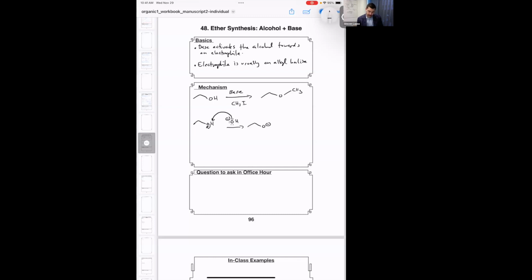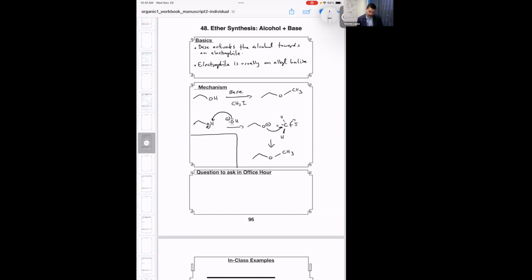And then ethoxide can react with methyl iodide, which is one of the best electrophiles you can have. So it does an SN2 reaction and kicks this right out. This then forms this product.